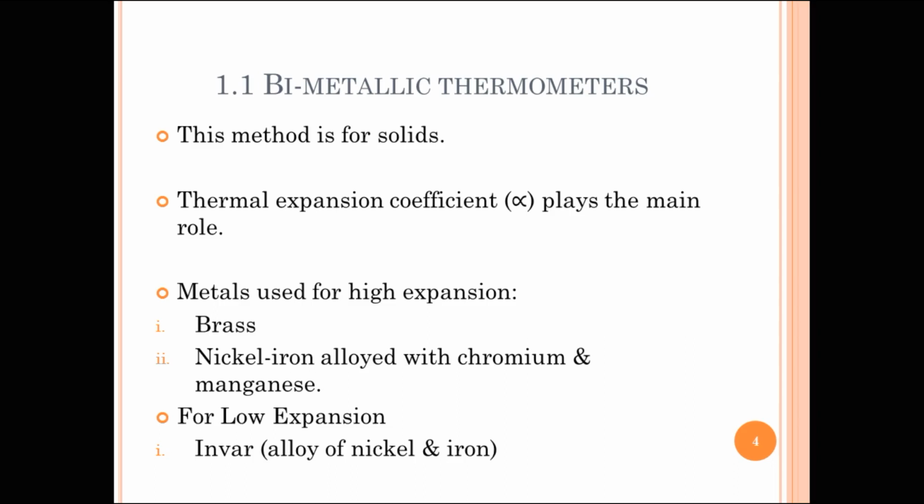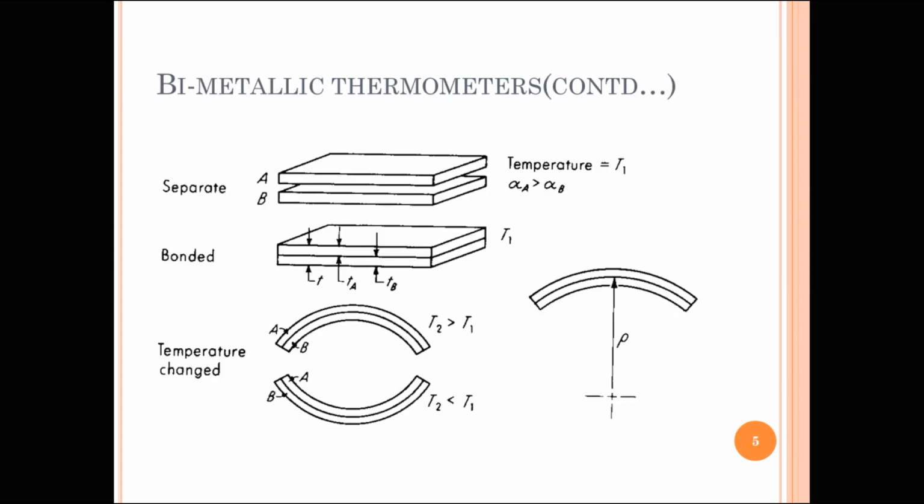For high expansion, brass or nickel iron alloyed with chromium and manganese are used. If the expansion needed is low, Invar, an alloy of nickel and iron, is used. These metals are bonded together at the same temperature.